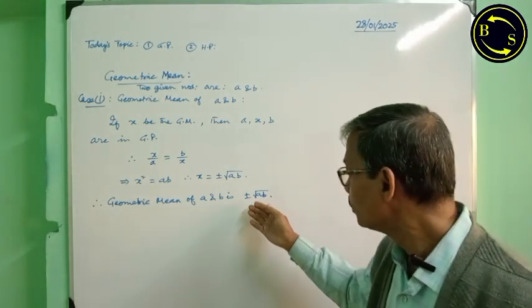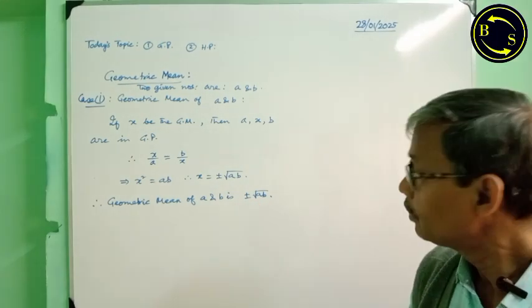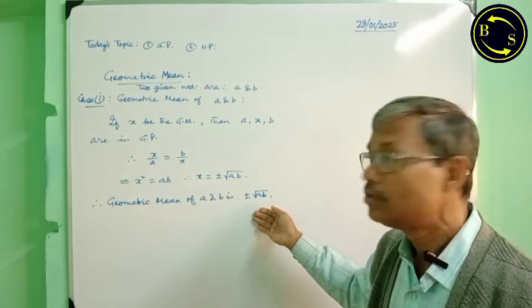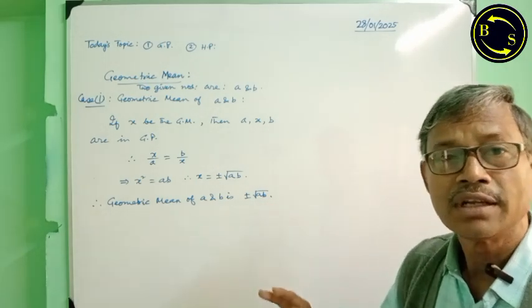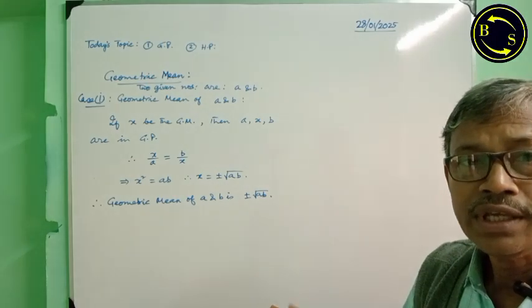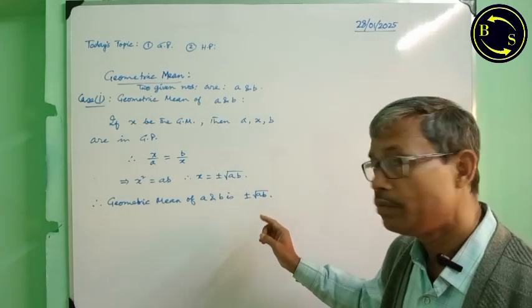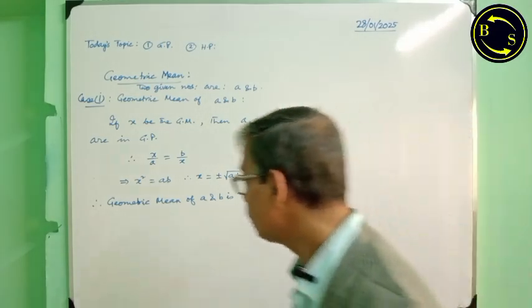Now we see two signs, plus and minus. When will plus be applied, when will minus be applied? If the given numbers be positive, then their geometric mean or mean proportional will be positive.